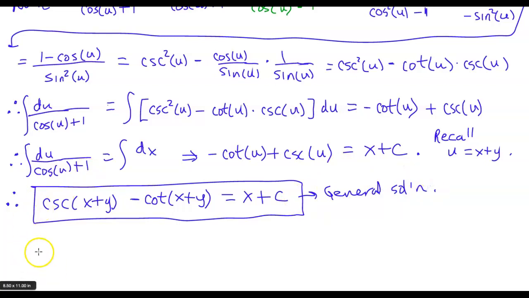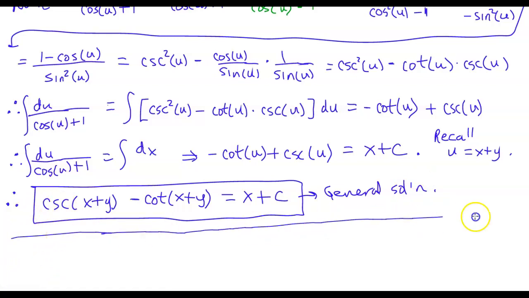All right, and so now we need to apply our initial condition here. The initial condition: when x is 0, y is pi over 4.